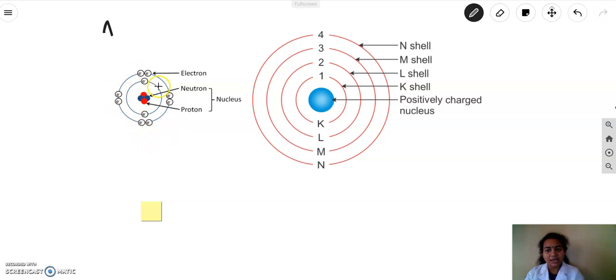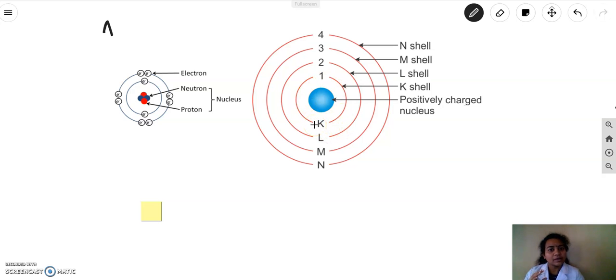Here the neutrons are given in blue color and protons in red color. Actually they have no color and are very small, but in order to understand, it's given here. So inside the atom there is a nucleus containing protons and neutrons, and electrons revolve around the nucleus in shells. These round structures are known as shells.